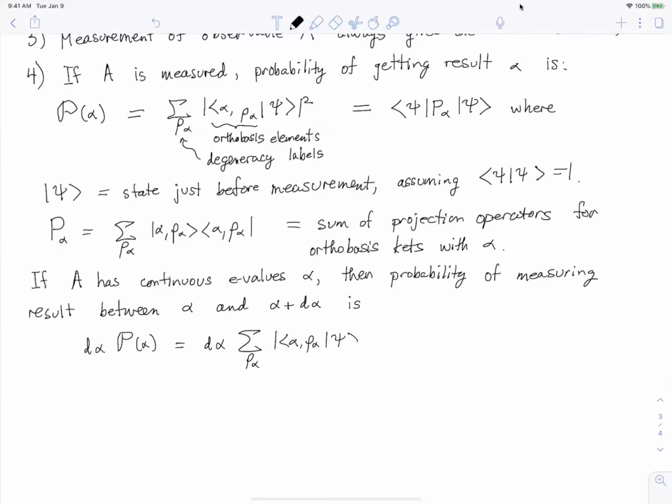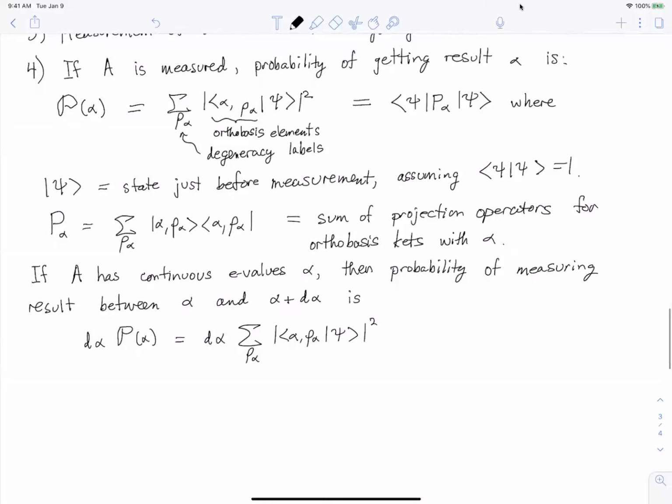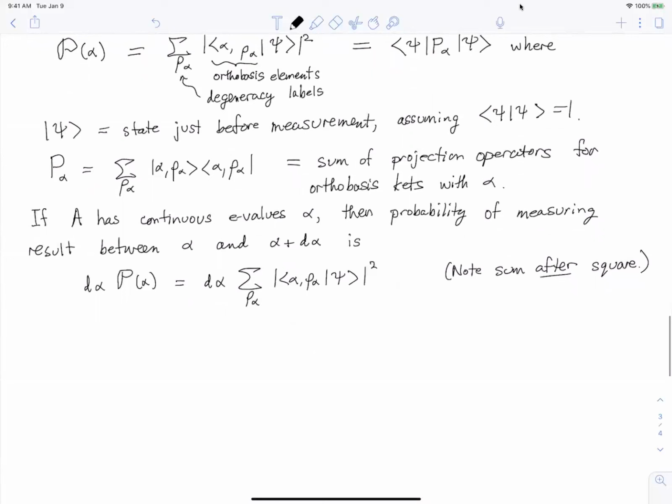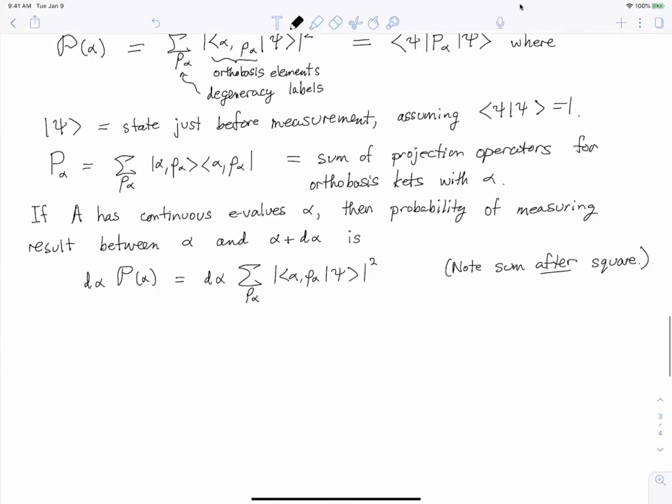So you compute this inner product and you square it, and then you sum over the rhos. Note that you do the sum after you take the complex square. A common mistake is to do the sum first and then take the complex square. That you should not do. You should take the square first and then sum, and it makes a difference.